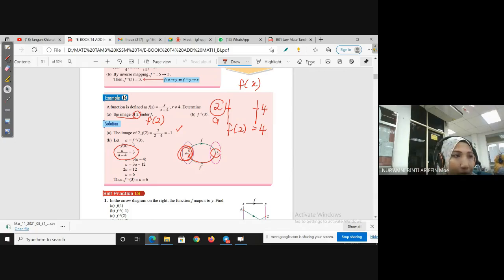You nak guna Z pun boleh. A, B, C. You nak gunakan X pun boleh. Yang ini dia just assume the unknown value is A. Dia andaikan nombor yang kita tak dapat cari tu adalah A.